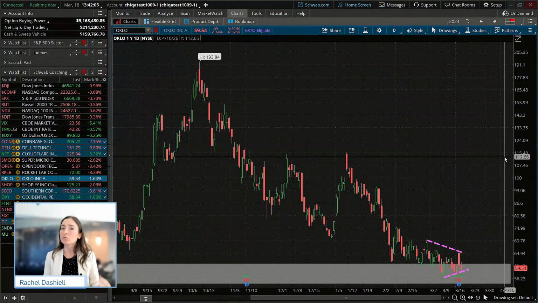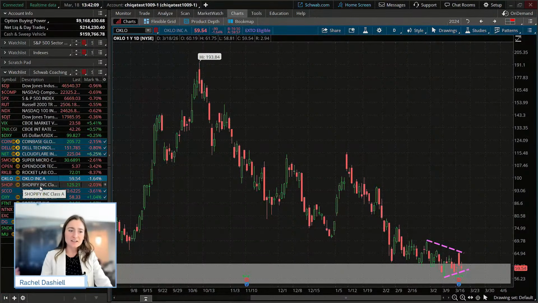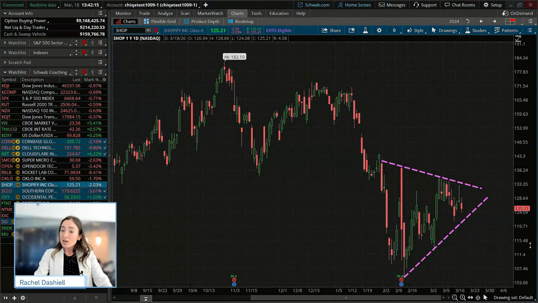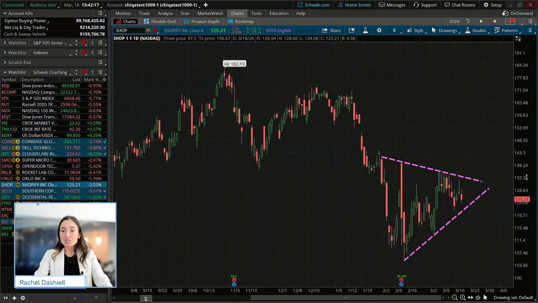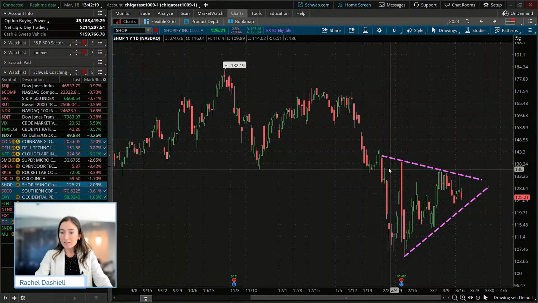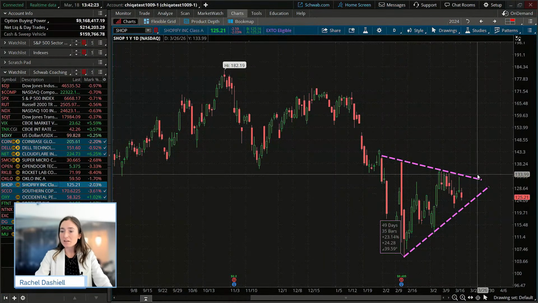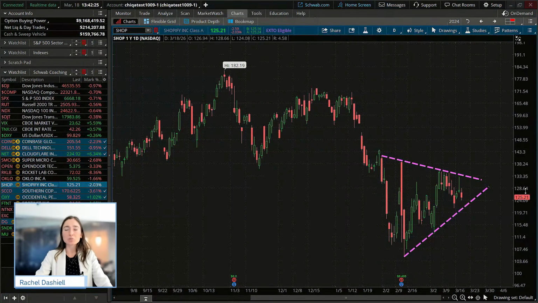You can kind of see a similar theme really firming up here with a lot of tech stocks. This is a utility stock, but you get the idea. We have another triangle in Shopify here over the last month and a half or so that's been firming up as well. Price is really teetering between resistance and support of this one.